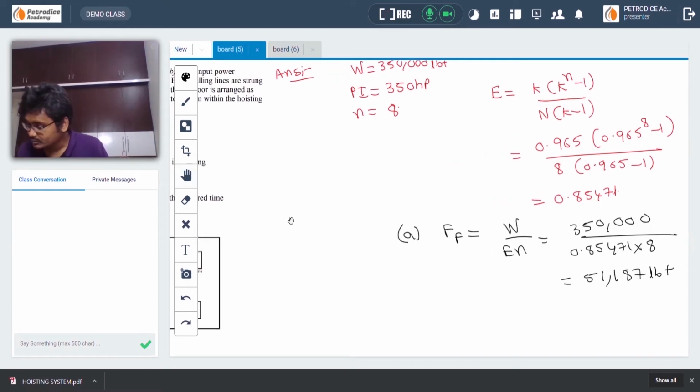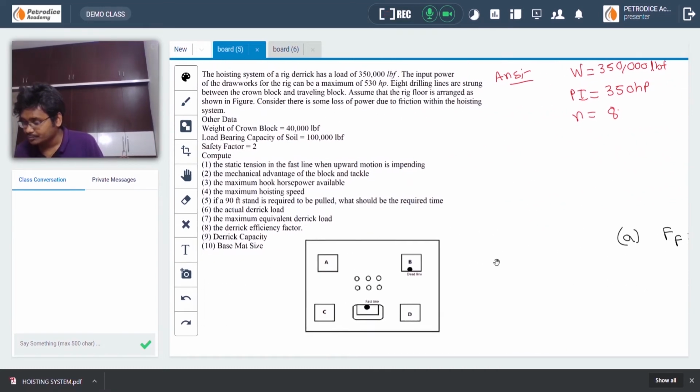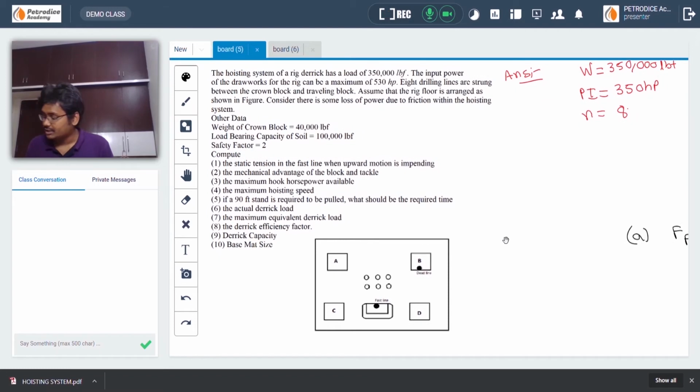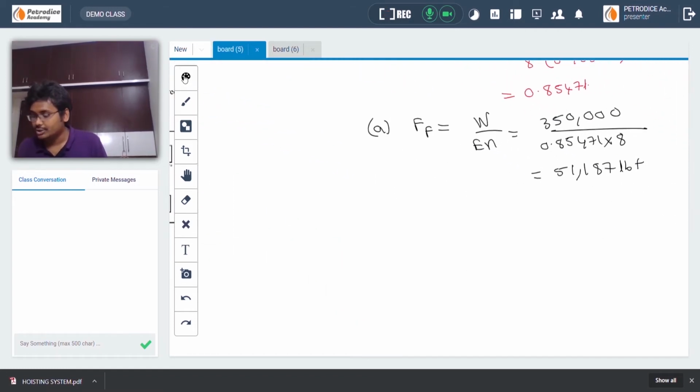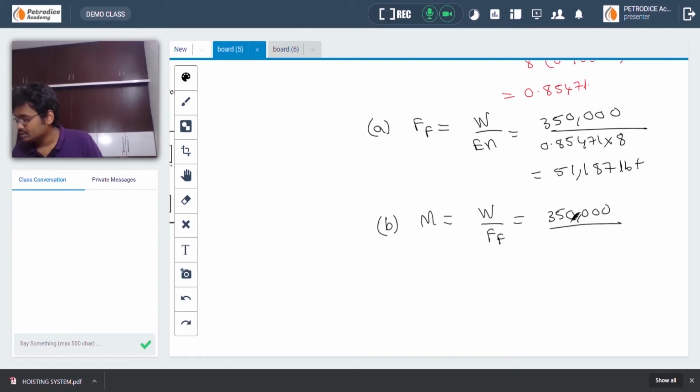Now see the next question: mechanical advantage. As I have already told you, the mechanical advantage M is given by W by F of F. W is 350,000, F of F is 51,187.